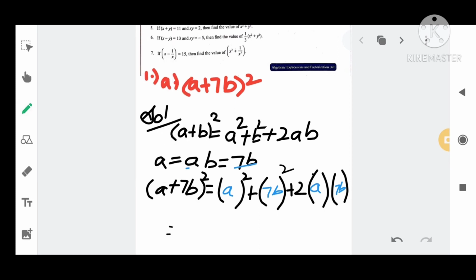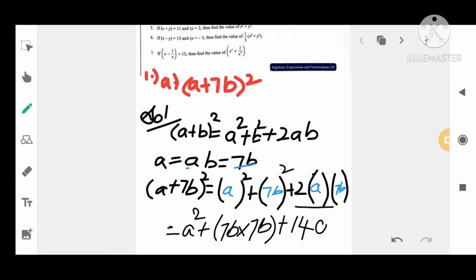So if we square a, we get a square plus 7b into 7b, which is the expansion of 7b square. Plus 2 into a into b. Already you know the multiplication of monomials. So here you just multiply the numbers, 2 sevens are 14, and a into b, you get ab.